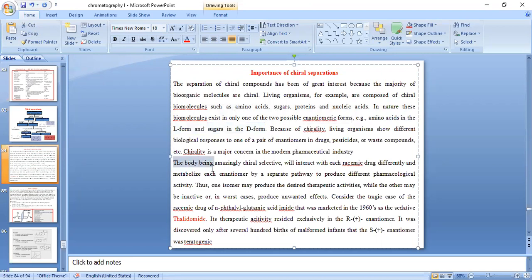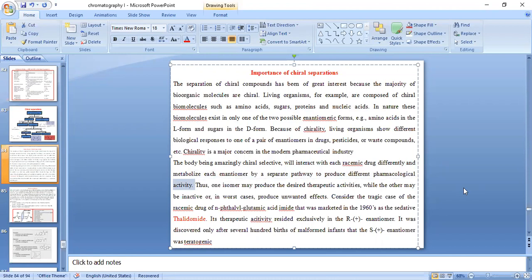The reason being, the body, being amazingly chiral selective, will interact with the racemic drug differently and metabolize each enantiomer by a separate pathway to produce different pharmacological activity. So that is what I am saying: in the body, these enantiomers will not behave differently unless they are exposed to a chiral environment.